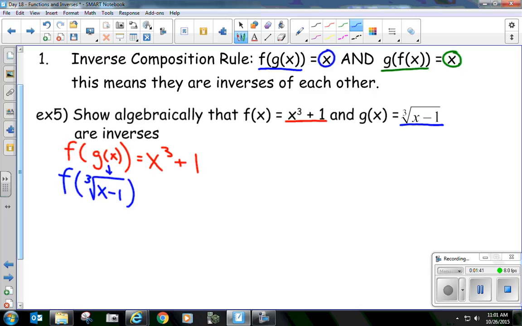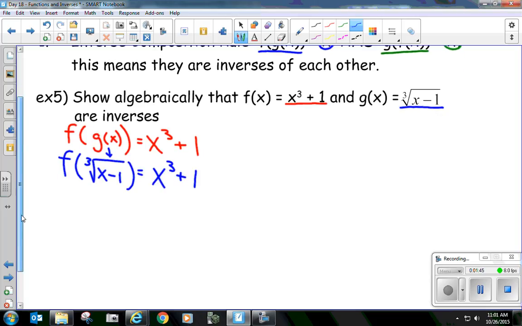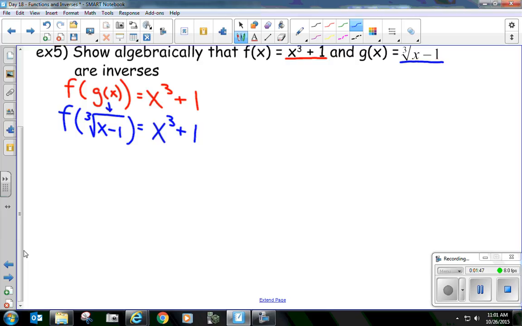That's g of x. I'm going to put that into the function x cubed plus 1 and see what it simplifies to be. All right? So let's do this. I'm going to put this in for x. So I've got cubed root of x minus 1, cubed, plus 1.